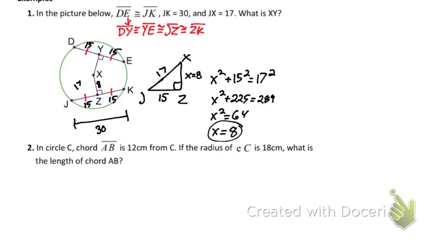Yeah. Both of our chords are equal to each other. So they must be equidistant from here. So that means this 8 that we just put down is the same distance as Y to X. So YX is equal to 8. So we actually use both of them in this.